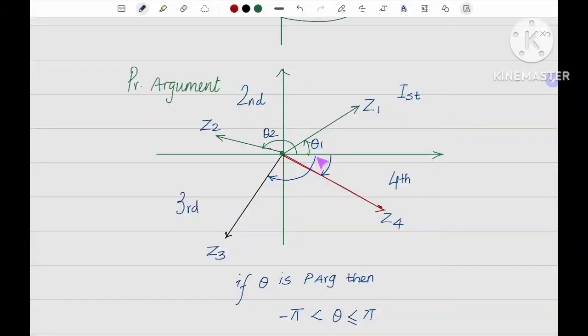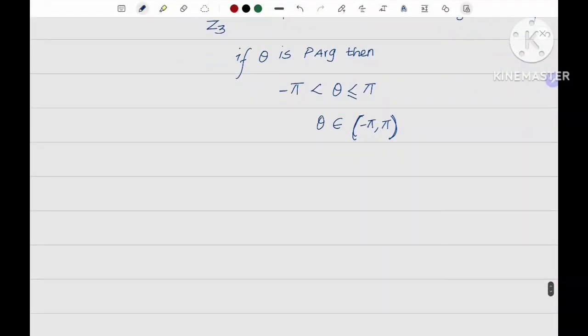So if this angle is theta 3, then the argument of Z3 will become minus theta 3, right? And if this angle is theta 4, then the argument of complex number Z4 will become minus theta 4. Okay, we will see it in more detail.